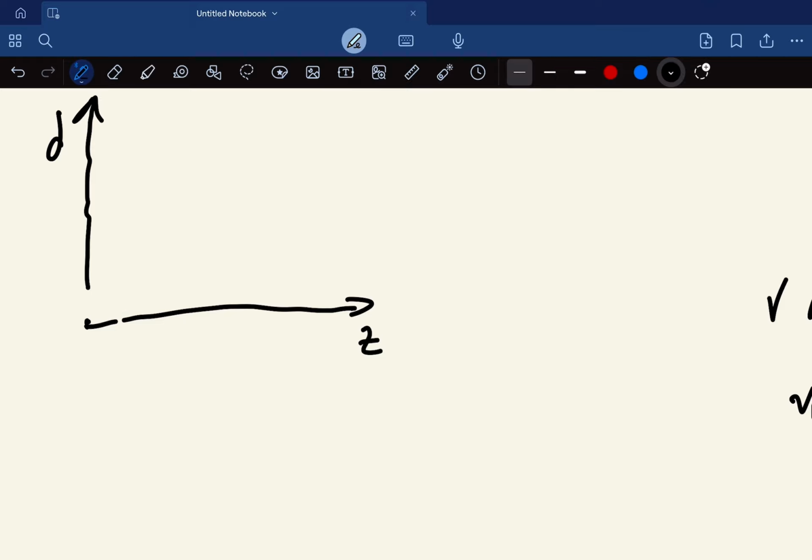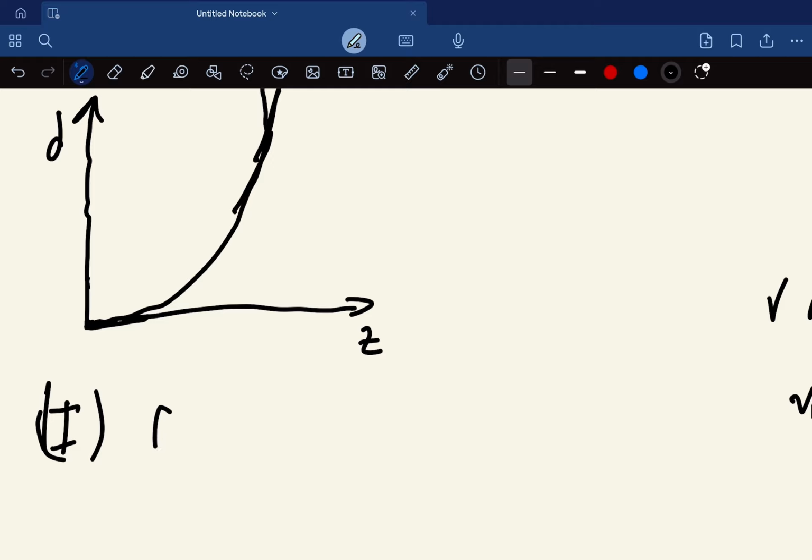Now, the first option is that the absolute value of A is equal to 0.